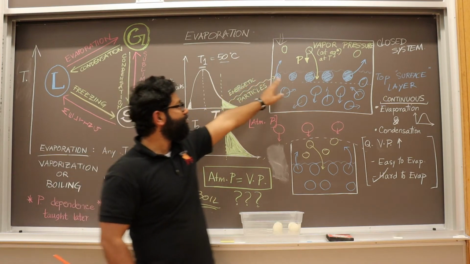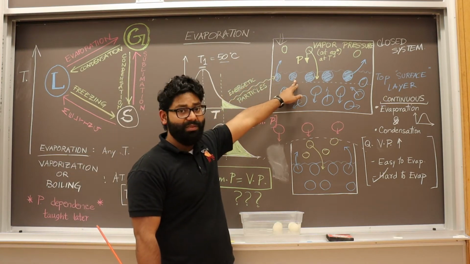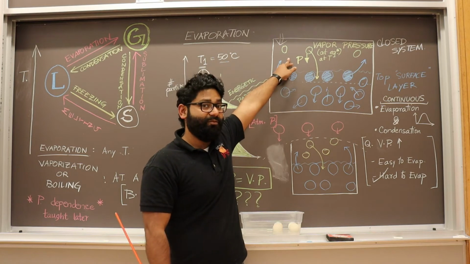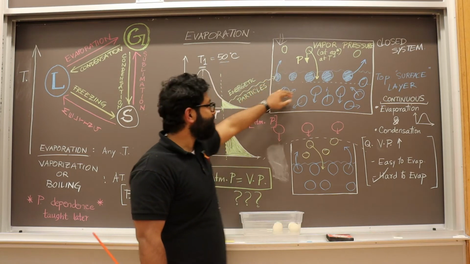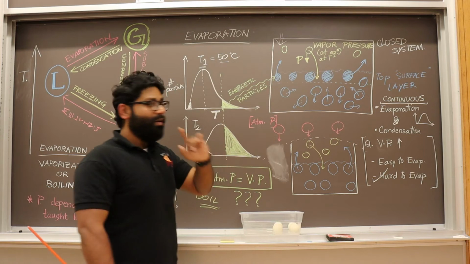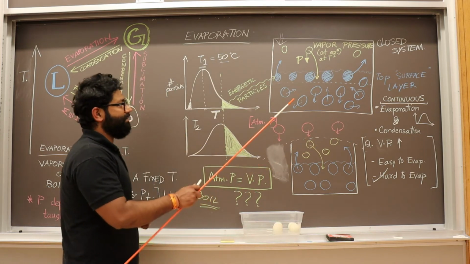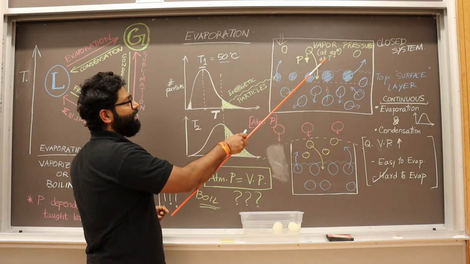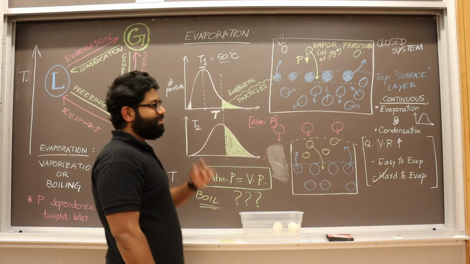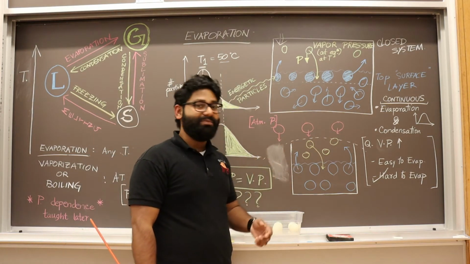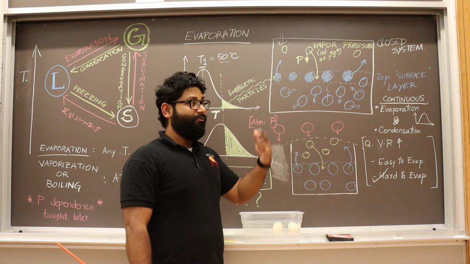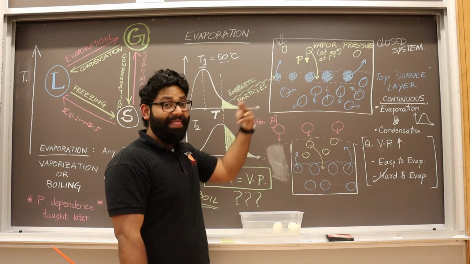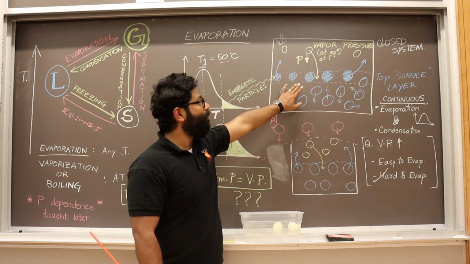So there will be some particles moving from the liquid state to the vapor state. What's the other thing that we have to understand? There is this gas phase, this vapor phase. Now, there can be some atoms in the vapor phase too, which have lesser energy and they want to go into the liquid state.